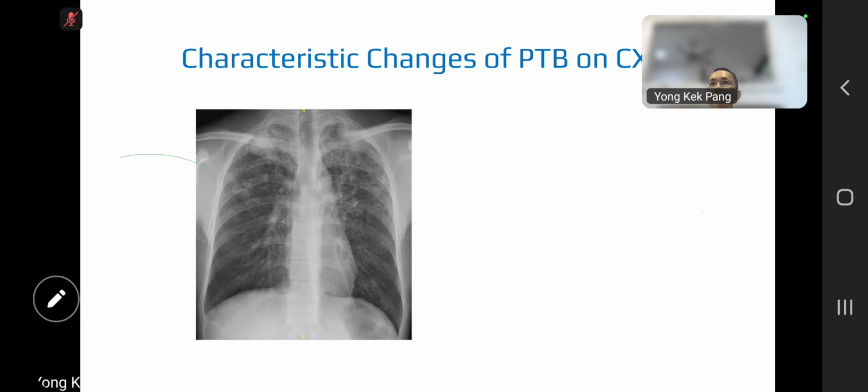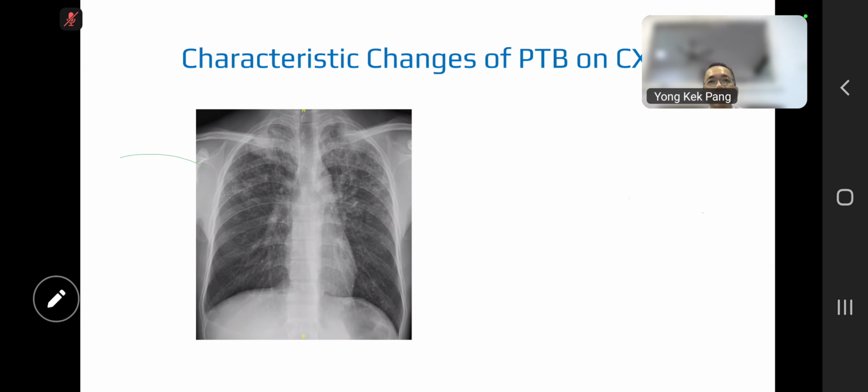Chest X-ray is one of the most useful investigations to identify primary TB, much more sensitive than physical examination. When you see this chest X-ray, you know that you are dealing with primary TB because it demonstrates features like nodules, reticular features, consolidation, and cavities.